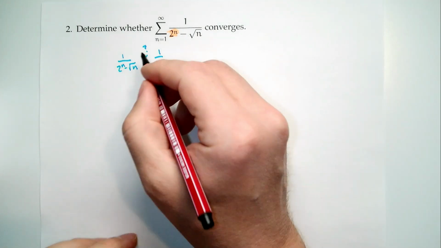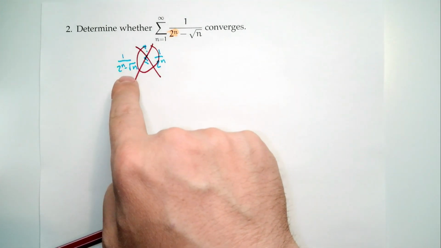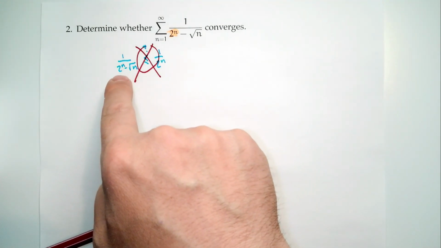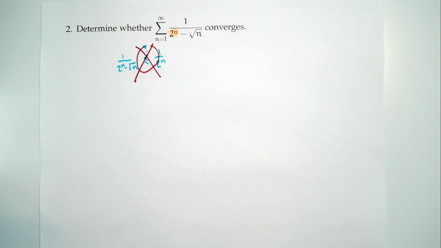And it is not true. The problem here is 2 to the n minus root n, smaller denominator, and therefore this is actually the larger number. Okay, good. Now, can we salvage it? Yes. Is it easy? No.